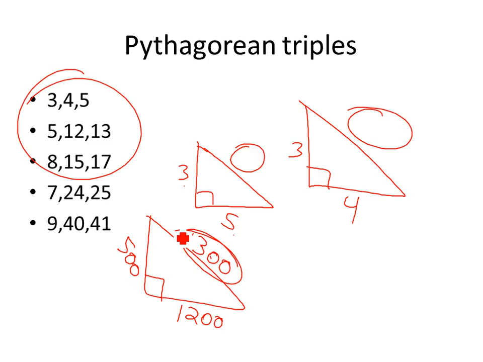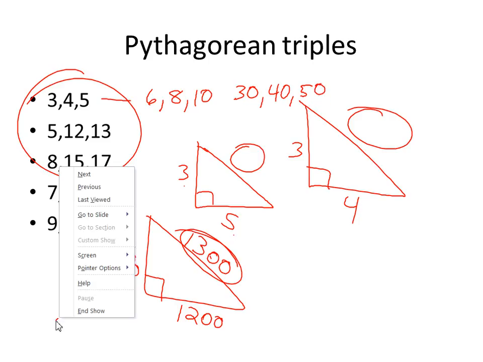Instead of trying to set up Pythagorean's theorem for those great big huge numbers. Ones that fit here, like 6, 8, 10, go with that family. 30, 40, 50, and so on. Just multiples of those sets of numbers.